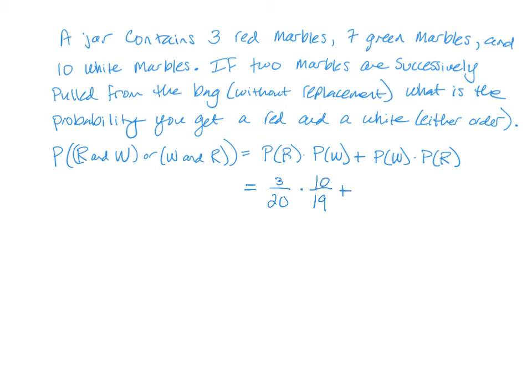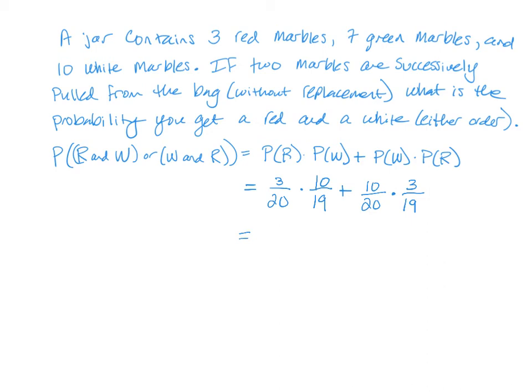Okay. Or this is a totally separate outcome here. The probability of white is 10 out of 20. If I pull a white first, there are 10 whites out of 20 total marbles. And then if I pull a red next, there are only 19 marbles left. 3 of them are red.